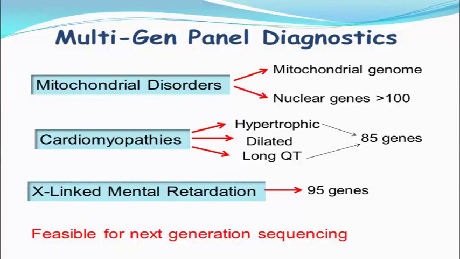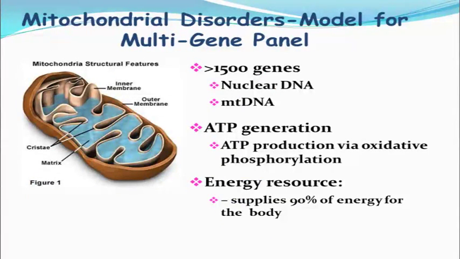For X-linked mental retardation, there are 95 genes. I'm going to talk about mitochondrial disorders and use this as a model disease to talk about the multi-gene panel. Just a little bit of background on the mitochondria and mitochondrial disorders.